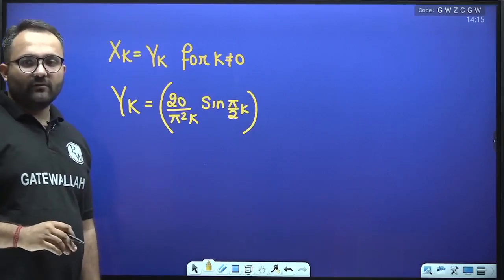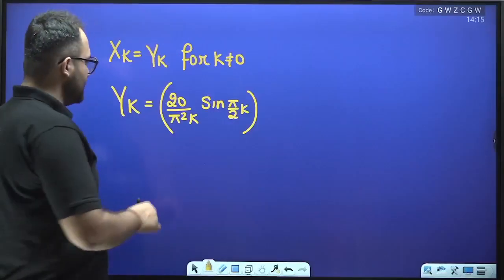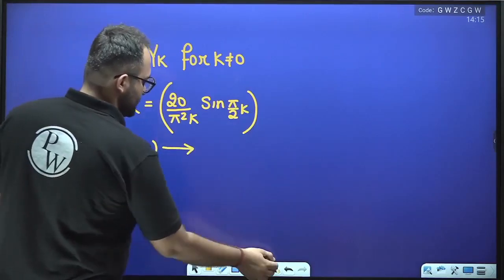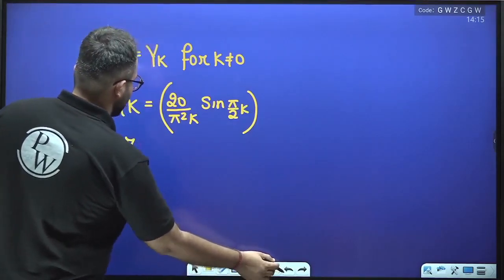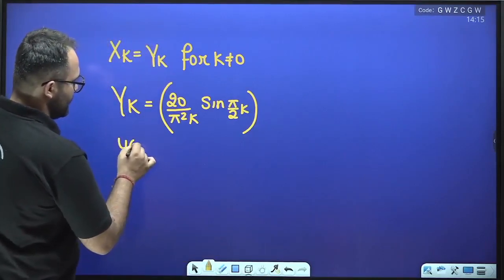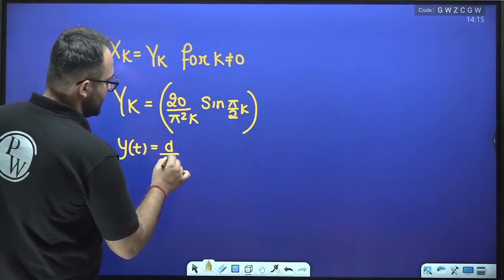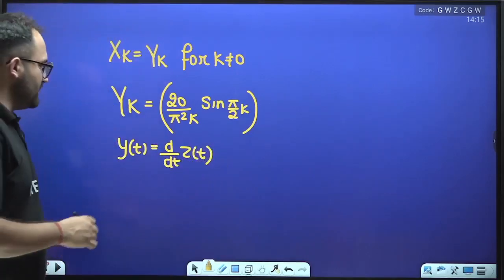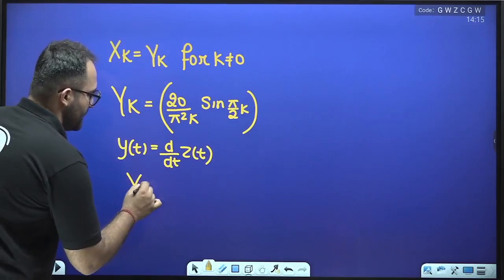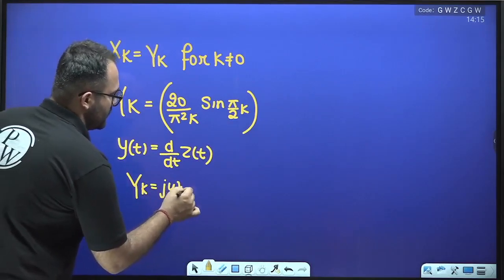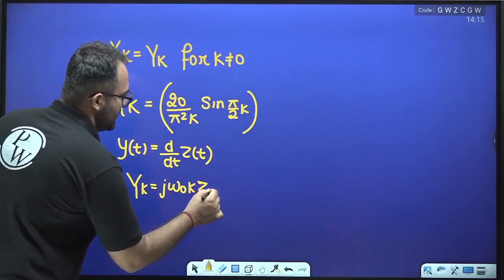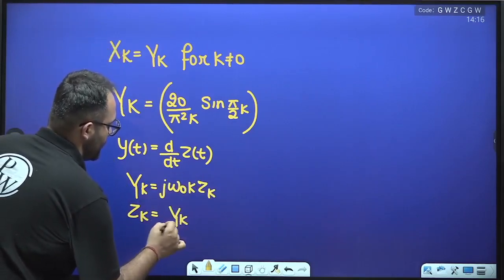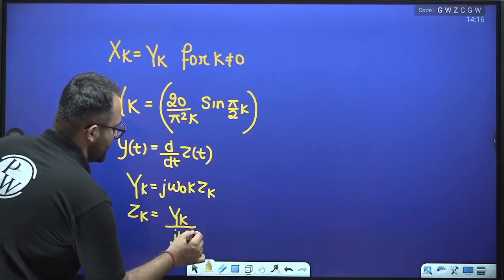Now from the property we can see that if yt is equal to d by dt of zt, then from the differentiation property we can say that yk will be equal to j omega naught k zk, or we can say that zk is equal to yk upon j omega naught k.